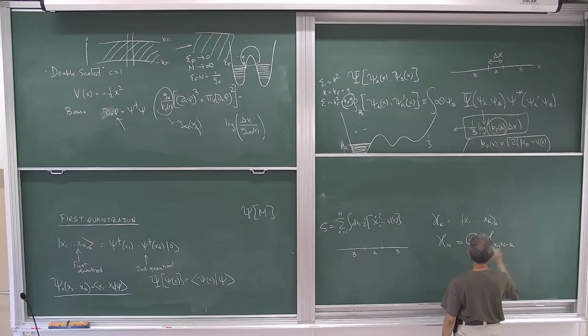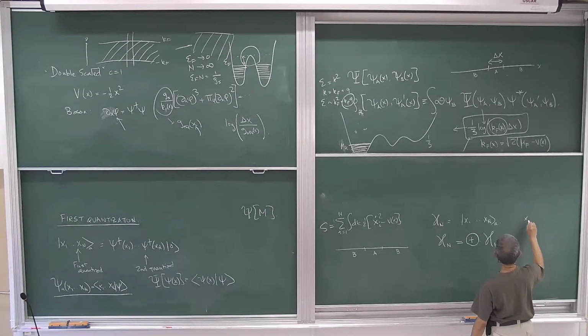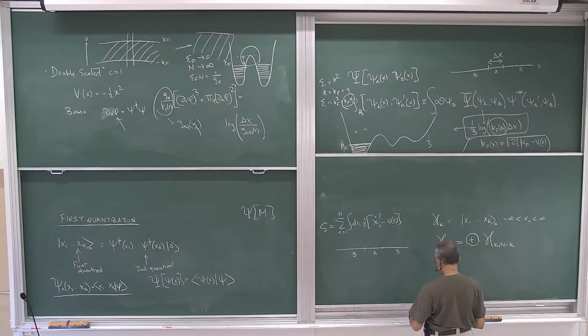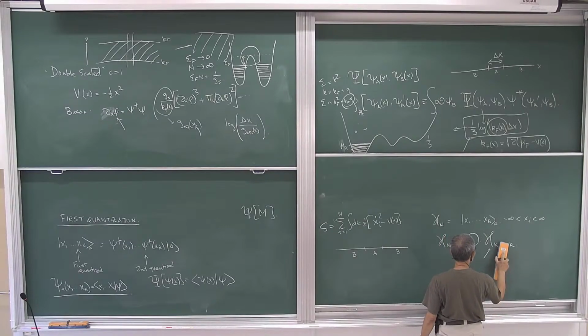And I'll tell you, so here all the x's lie from, say, minus infinity to plus infinity. It sort of breaks up into this, where this notation stands for the following. Okay. So this is the Hilbert space of, which is responsible for, actually, let me not write n minus, it's a bit confusing.